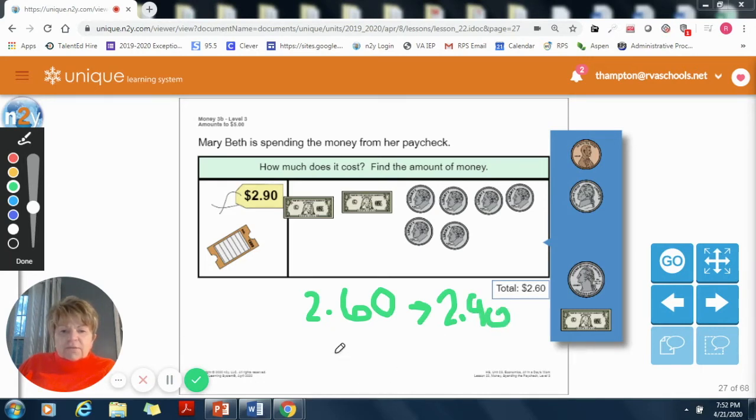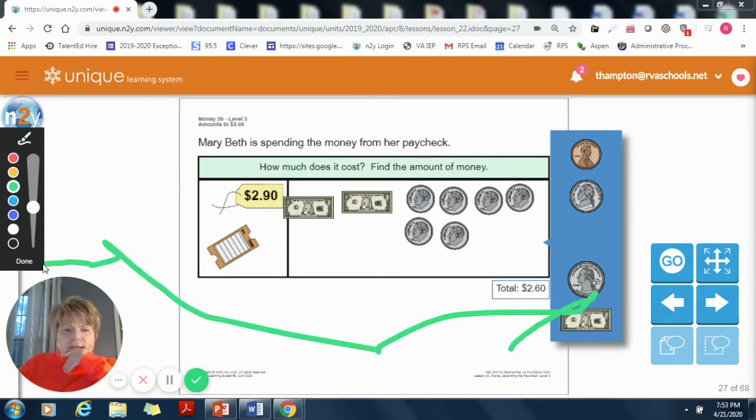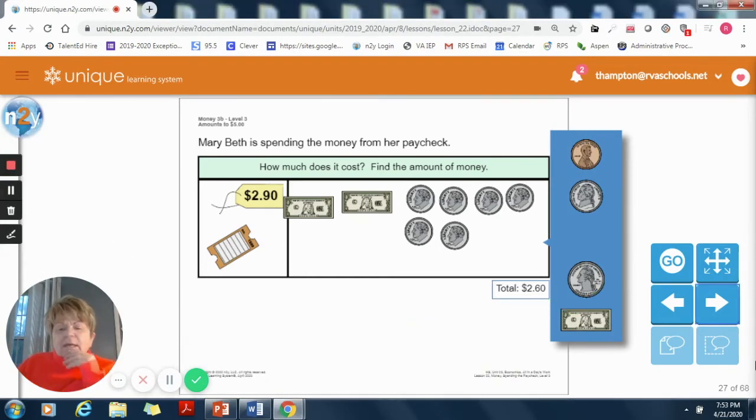So if we have 60 and we have to count to 90, and our next greatest coin, what are we going to count by? What is our best coin to count by? Maybe a quarter. So let's try that. Let's turn off our pen that's making a mess and let's move over a quarter.